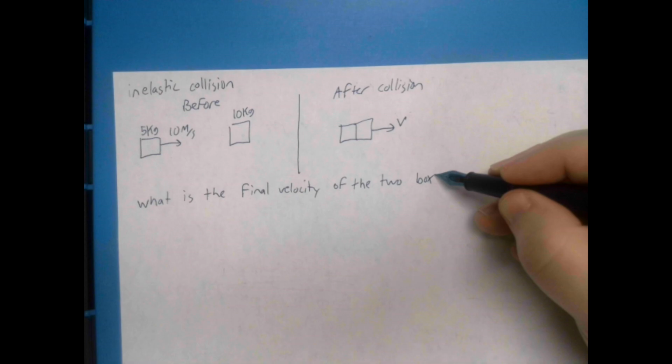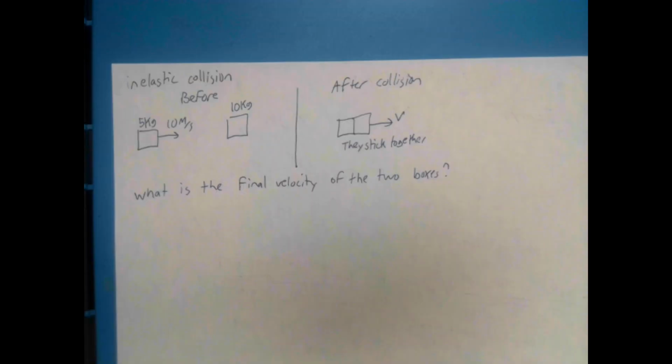We know that momentum is always conserved. So we can do it before and after, and the total momentum is going to stay the same. We add up all the momentum on the left side. Recall that momentum is mass times velocity.